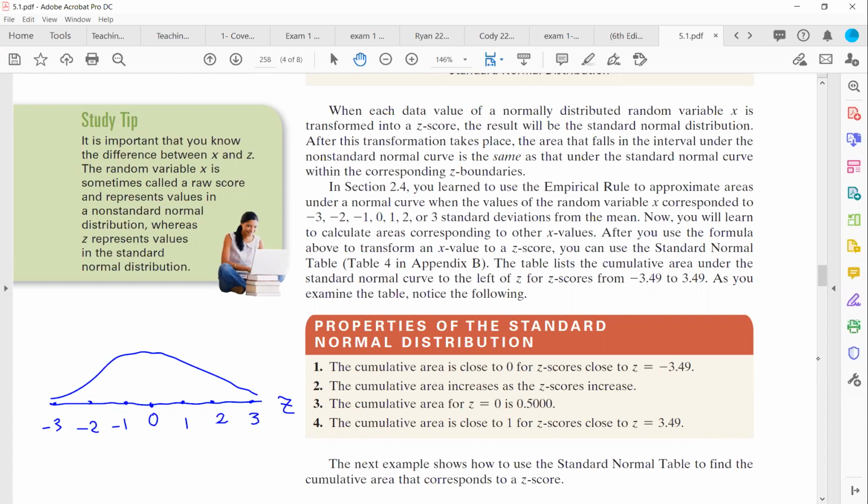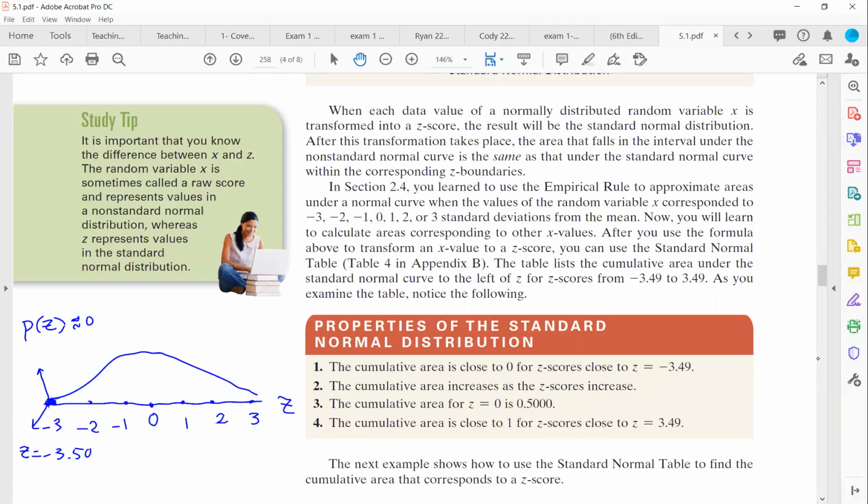When z is close to -3.50, it means that we are here at the tail of the graph. So the area on the left-hand side is very small, almost 0. So P of z is approximately 0.